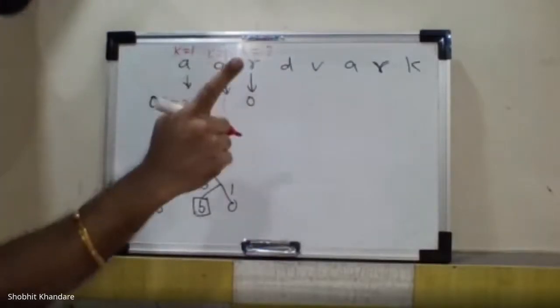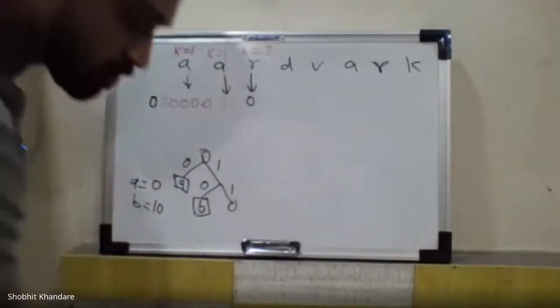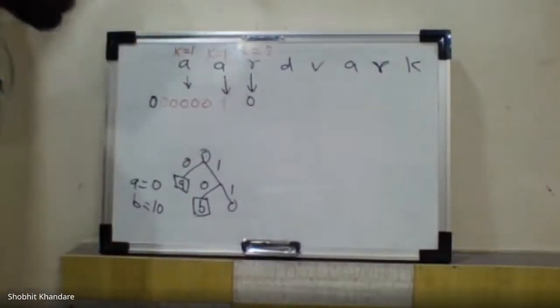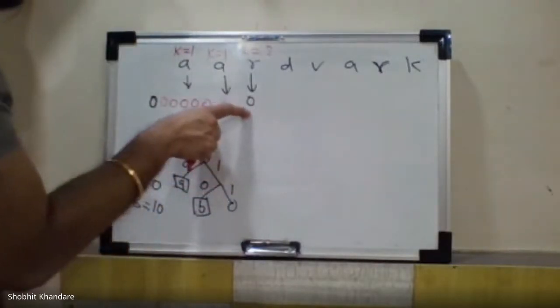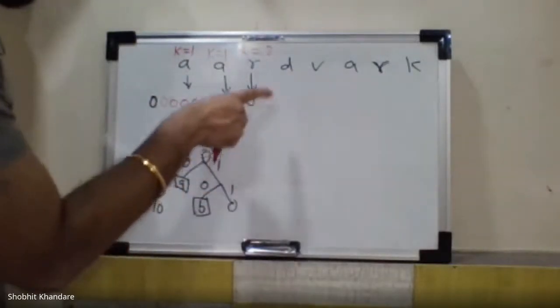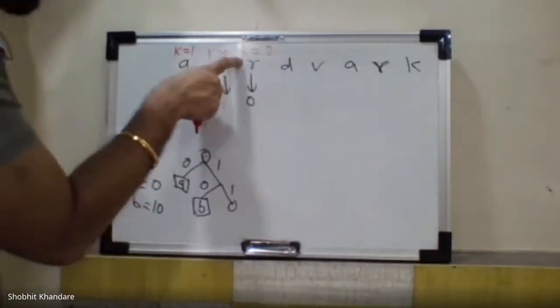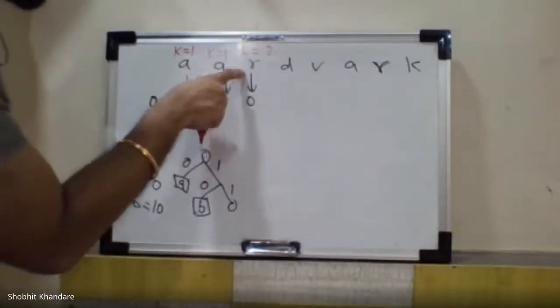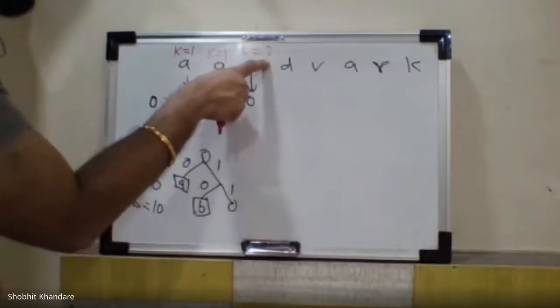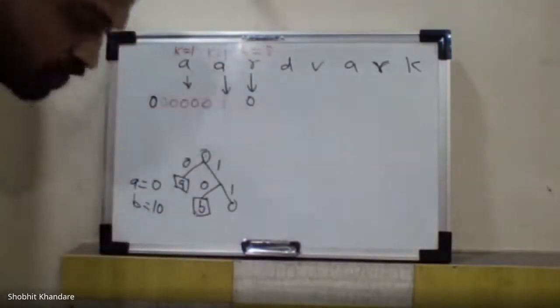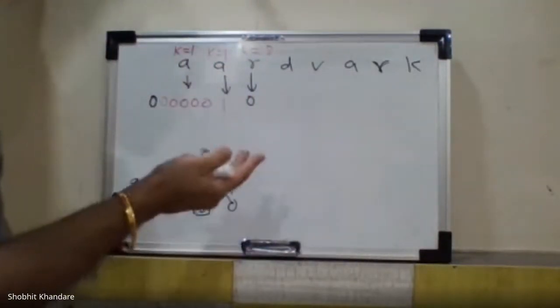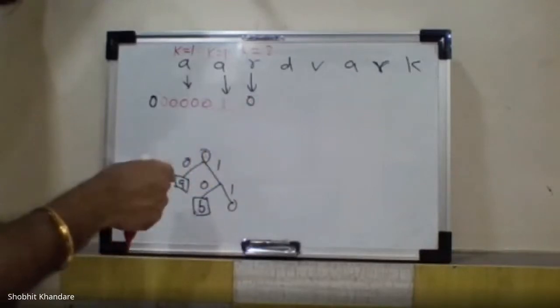Symbol has come for the first time. So step number second: I am sending the code for NYT followed by the fixed code. To get the fixed code, first I should know the value of K. You have got K equal to 18. Now you have to see which small a or b category this will come under.